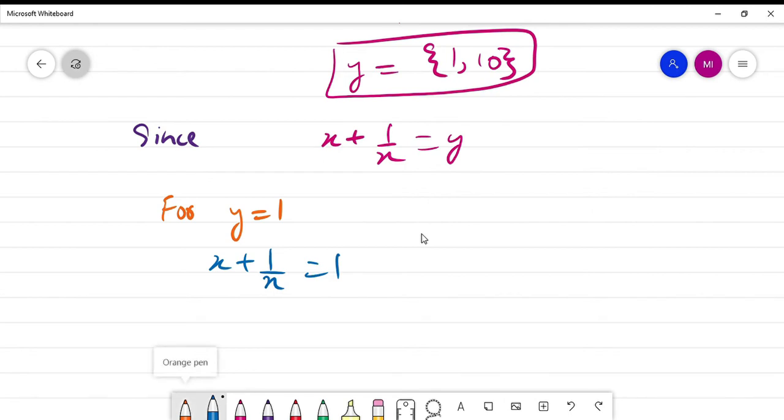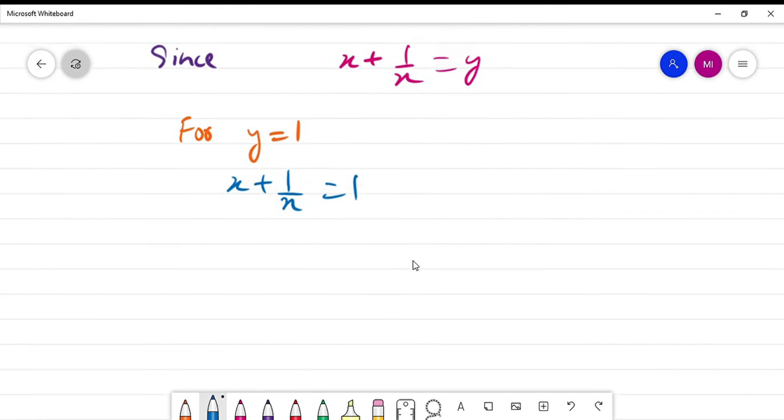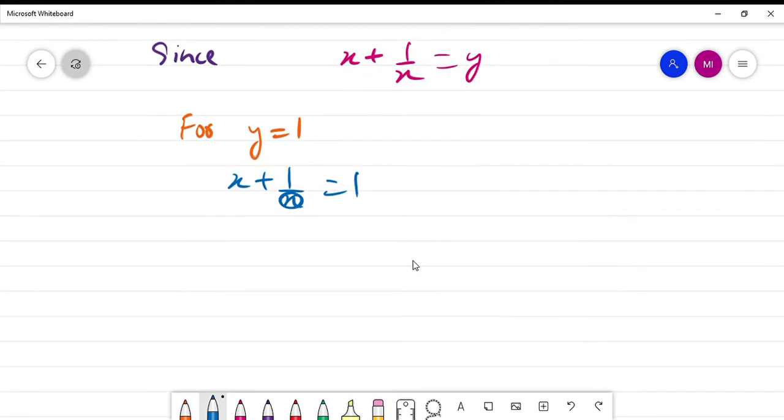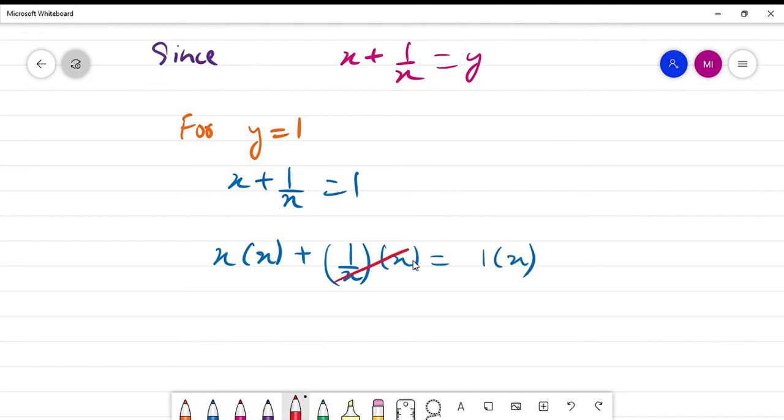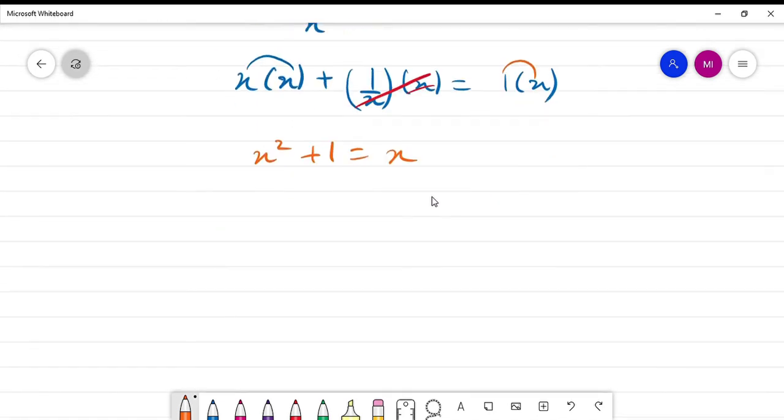Multiplying all terms by x to get rid of this denominator right here, we get x into x plus 1 over x into x is equal to 1 into x. x and x cross out. And here x into x is x squared plus 1 is equal to 1 into x is x. Sending x to the other side, we get x squared minus x plus 1 is equal to 0.